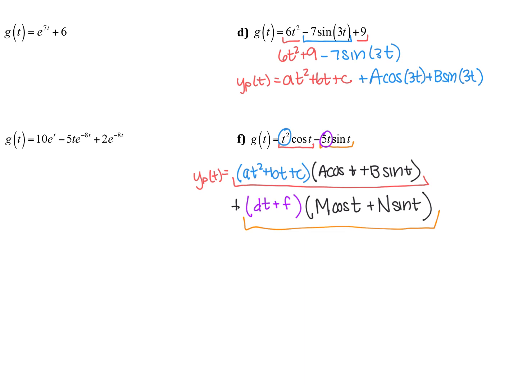So really, in a situation like this, we don't really need this portion because it will end up being absorbed up here. Do you see why? These same terms, dt times cosine t, when we multiply those, we'll also have a similar or like term when we multiply the top two. Now, we can't cancel out the top part because it's got an at squared and we need that part. But yes, we can vaguely ignore that second piece. Looks messy to begin with, but vaguely ignore it because it'll get absorbed.